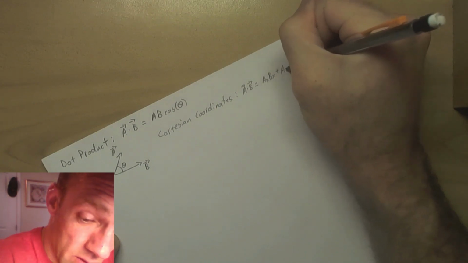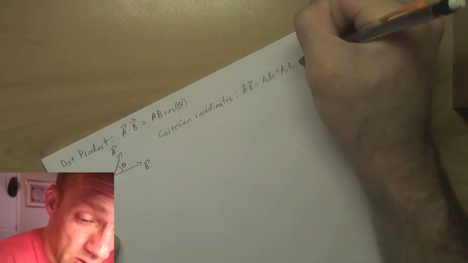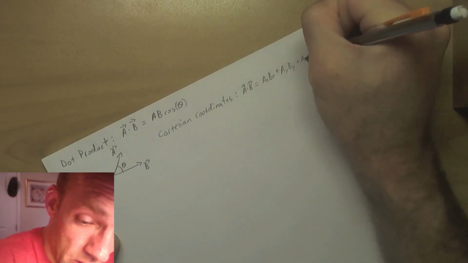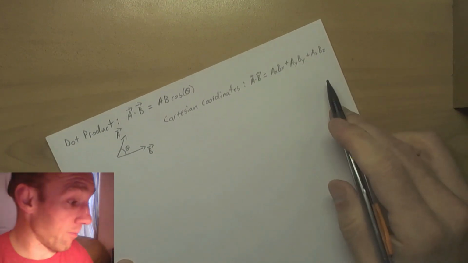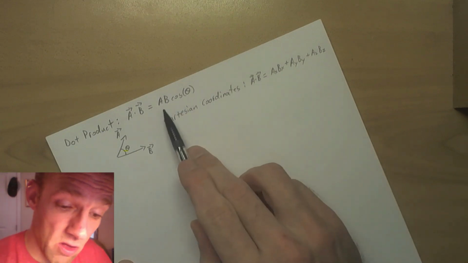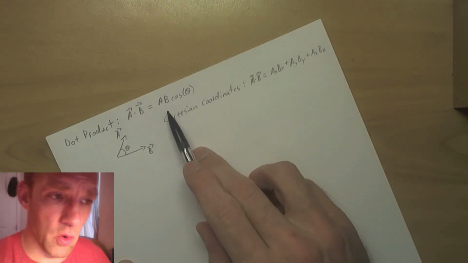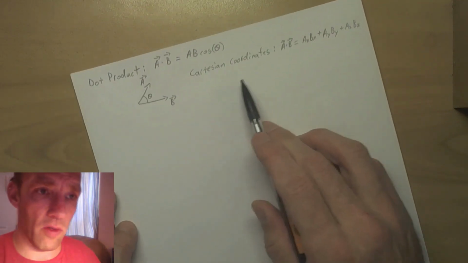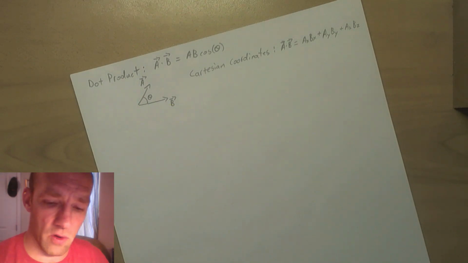So we multiply the x components, multiply the y components, and multiply the z components, add them up, and that gives you A dot B. This is kind of the more fundamental definition, because it's true even when we're not in Cartesian coordinates. But Cartesian coordinates do give us this simple way of calculating, which is useful.